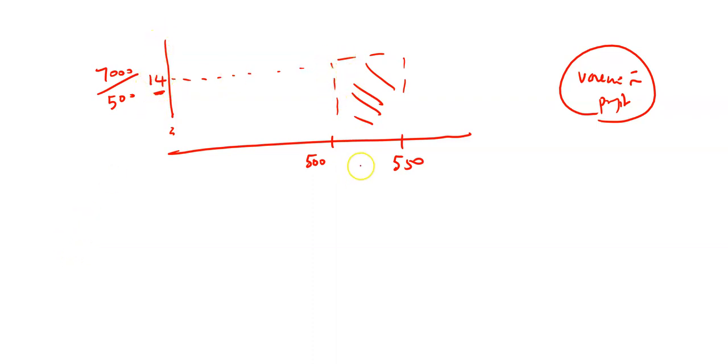So we now have this movement of 50, which is favorable. You sold an extra 50 phones, times the standard profit. We keep it at standard because we're just focused on volume. We will come to look at price in a second.